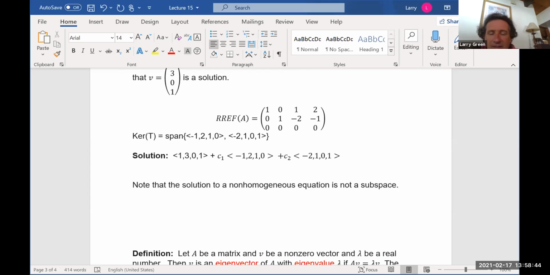Any questions on that? Because if it's not homogeneous, 0 is not in it, and subspaces have to have 0. Any questions on this example? Any questions?